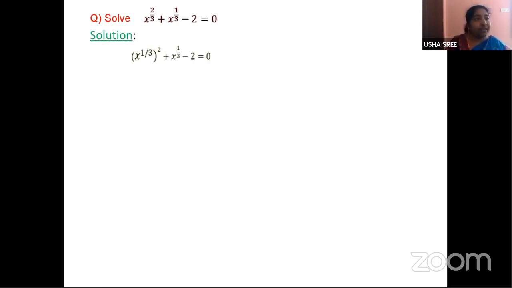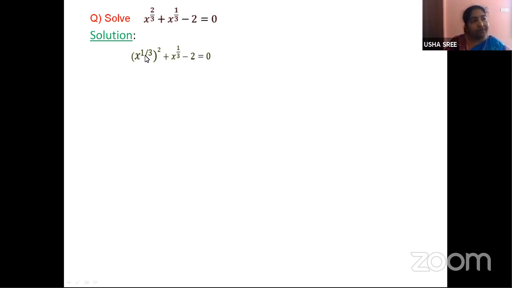You are given x power 2 by 3 plus x power 1 by 3 minus 2 is equal to 0. Isn't it? This x power 2 by 3, we are writing it as x power 1 by 3 whole square. Now, if you can recollect the formulas in algebra, we have a power m whole power n is nothing but a power mn, isn't it?